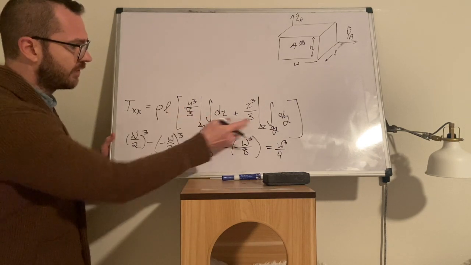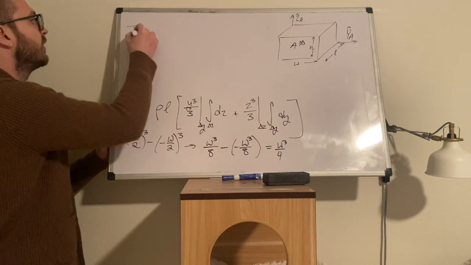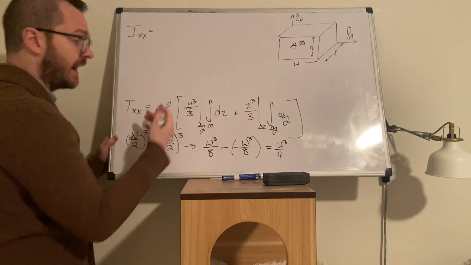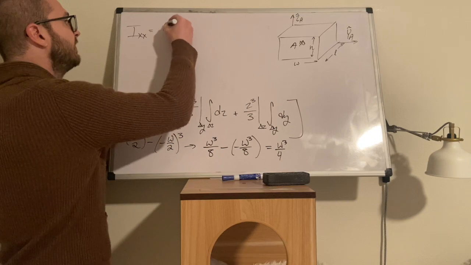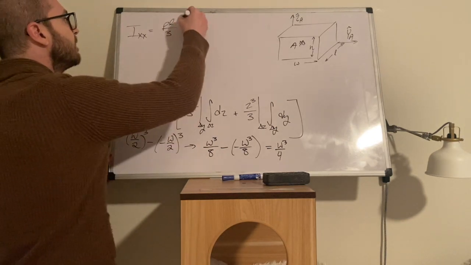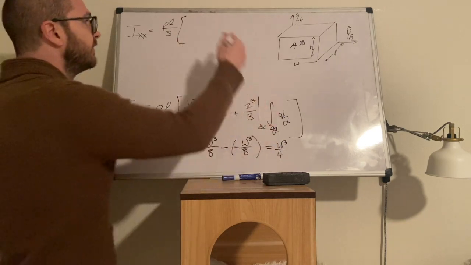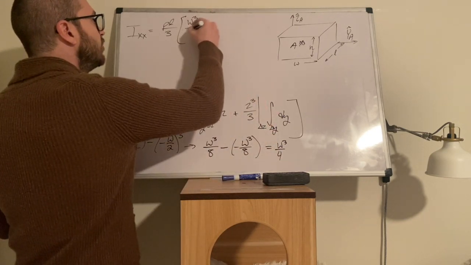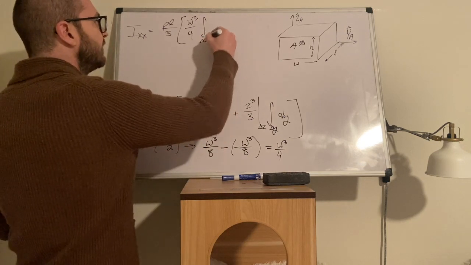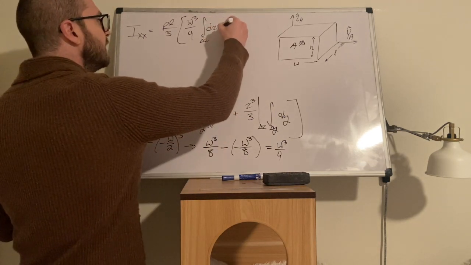Now the 1 over 3, well, let's go ahead and start building this. I'm going to factor the 1/3 out of the whole thing. So density times length over 3. And then we have this width cubed over 4. And then we're still going to have this last integral, dz plus.